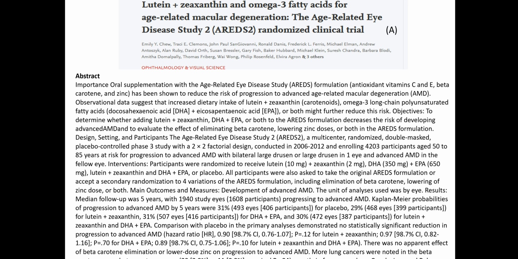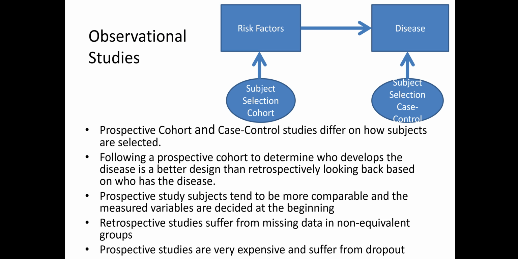So they wanted to know if the supplementation would save a person's vision from getting worse. And there are biological reasons for this. It's not an unreasonable request.